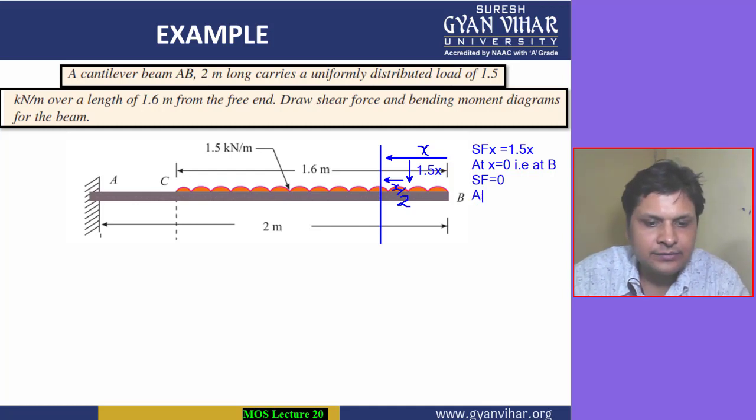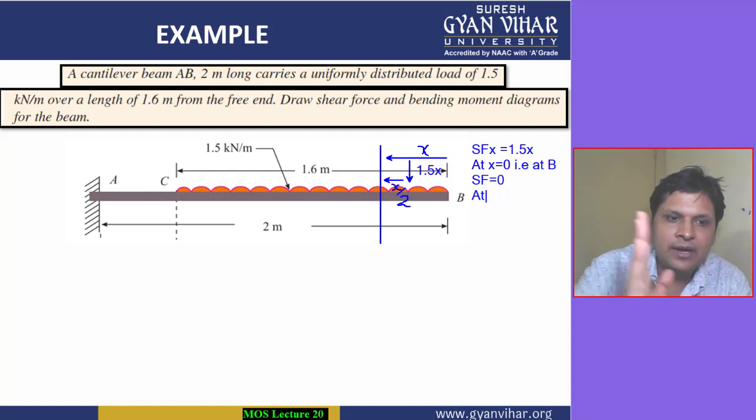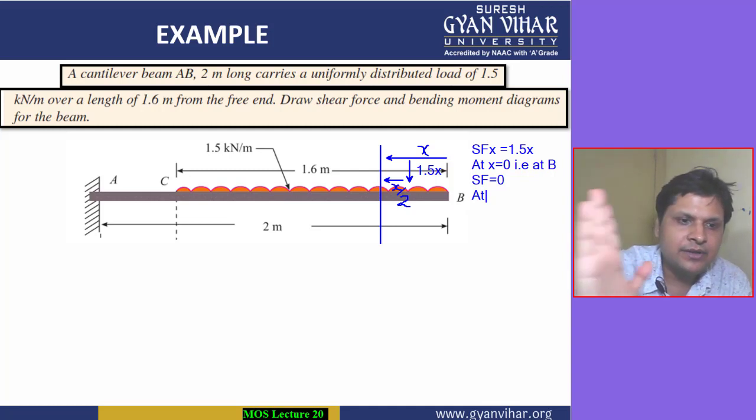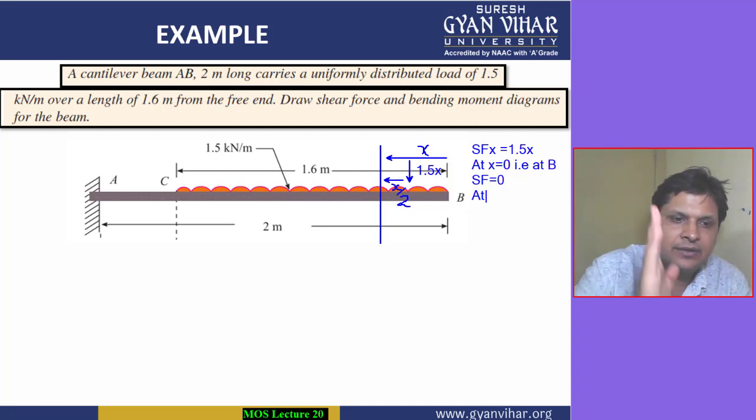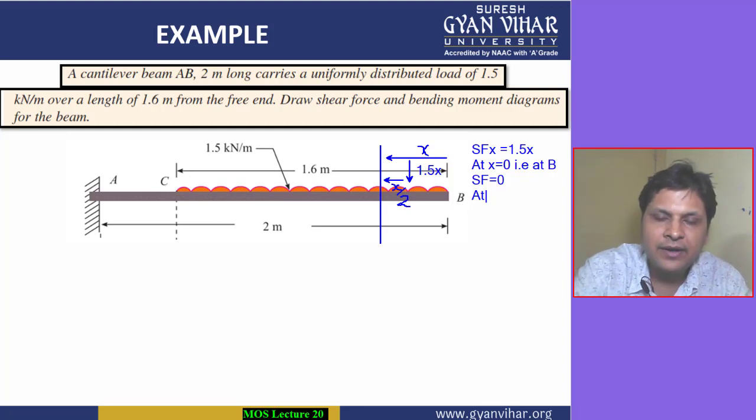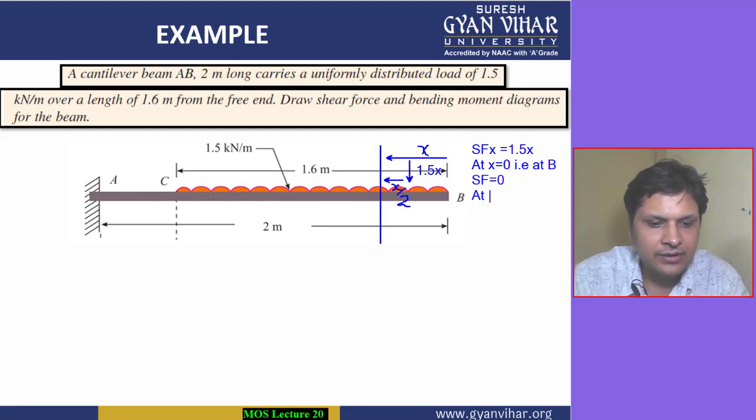Now at C, you can see if you move the plane, the next position where you have a load, or where the UDL is ending, is at C. So at C you will find the value of shear force. At C the value of x is equal to how much? 1.6 meter.